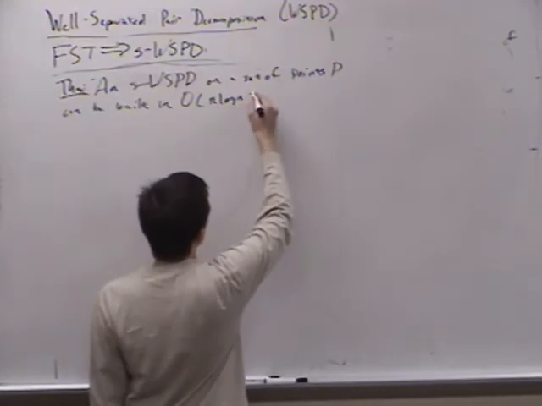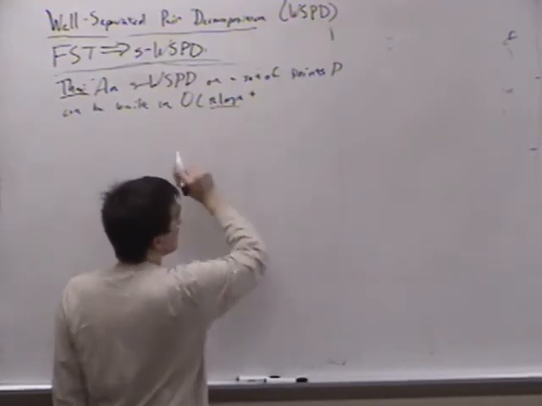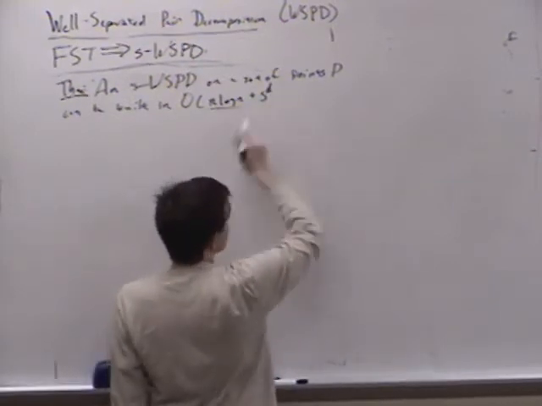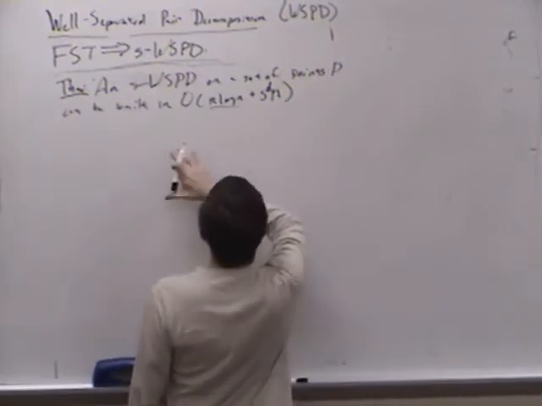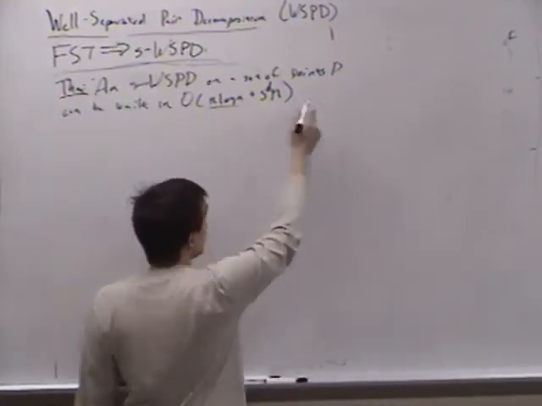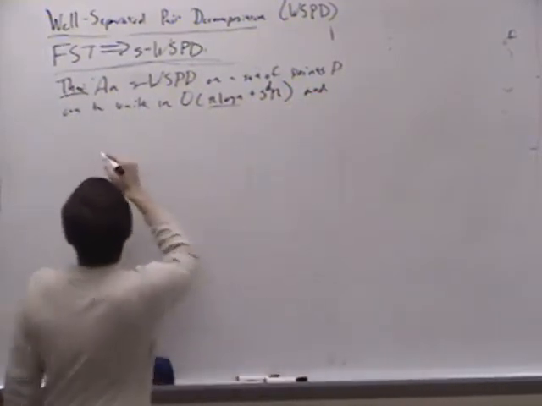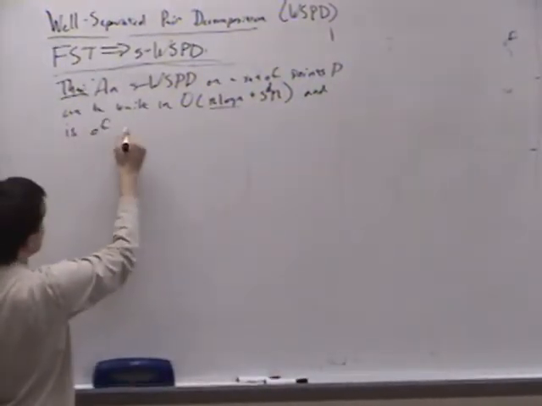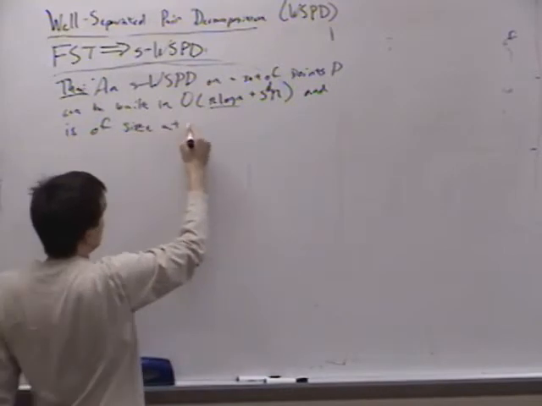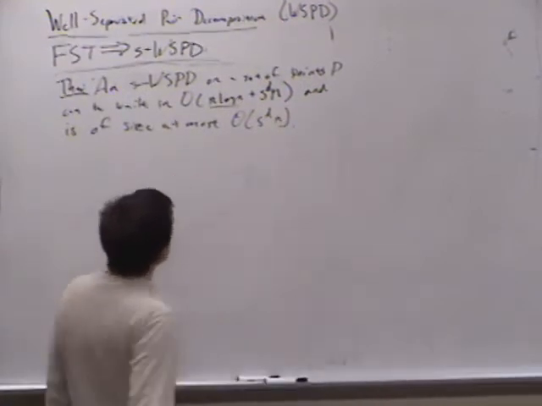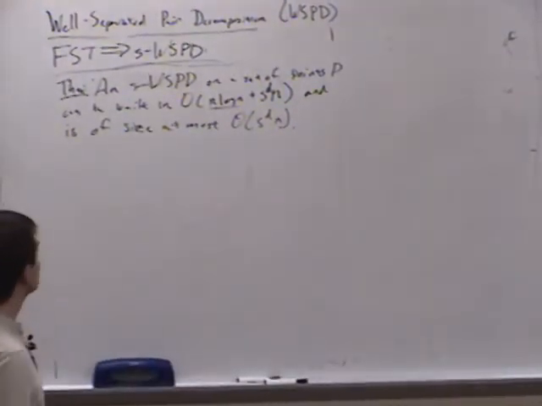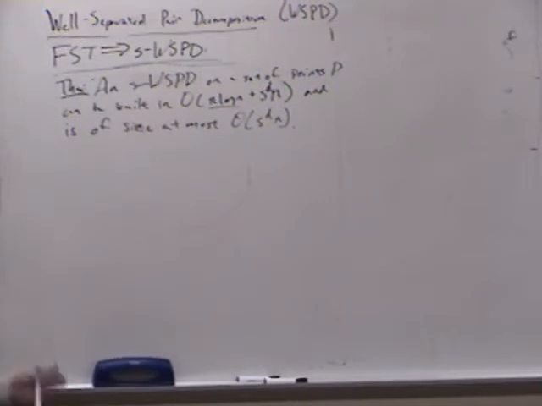I'll explain later about that. This is the tricky thing there. Plus the size of the resulting fair split tree, so the cost of running that algorithm, which is s to the d times n. So we can build this thing in n log n plus s to the d n, and it is of size at most order s to the d n. All right, so that's the result. You make s bigger, you'll get more nodes, but it'll only grow linearly in n. That's the key thing. All right, great.